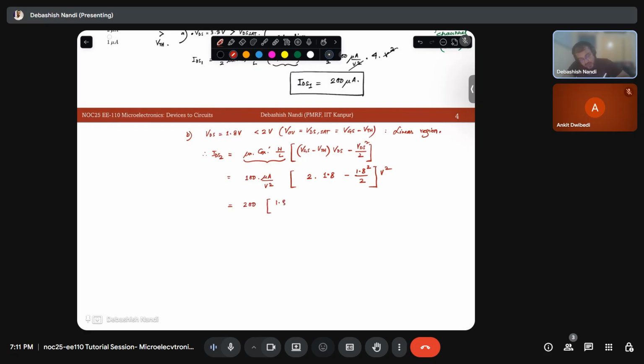So we'll have 1.8 minus 1.8 times 1.8 over 2 times 2. This simply gives 0.9 times 0.9, which is 0.81. If you calculate this, it comes out to be 198 microampere.